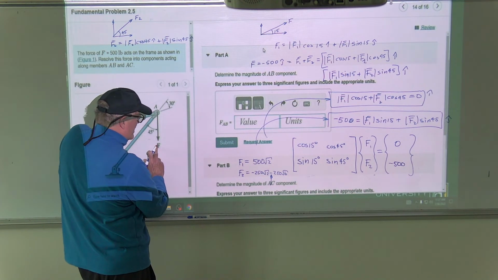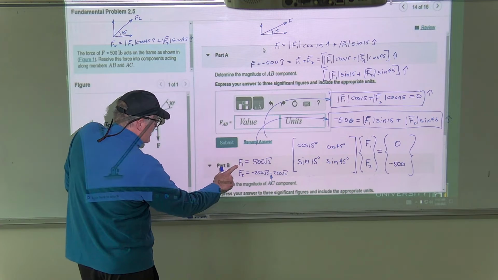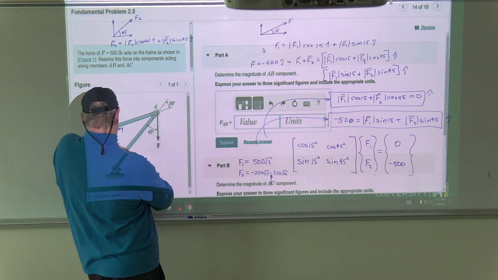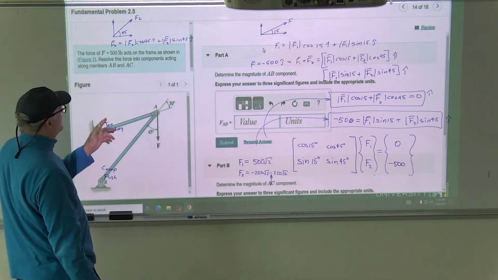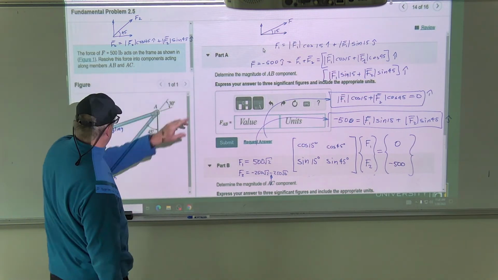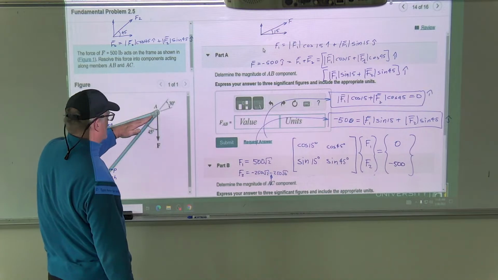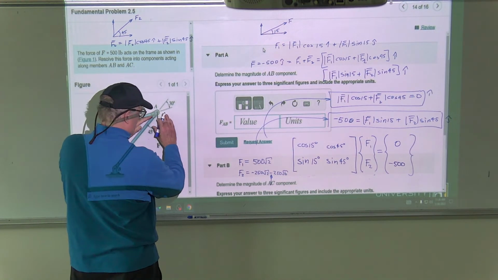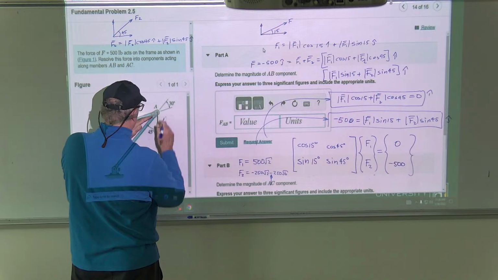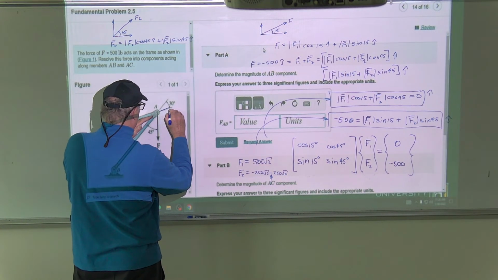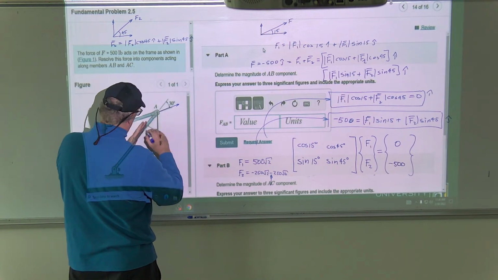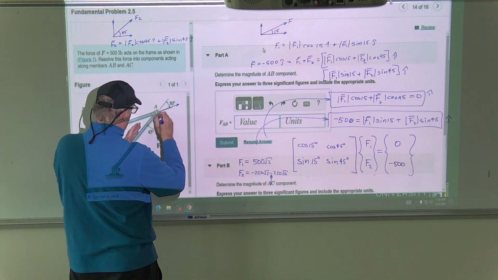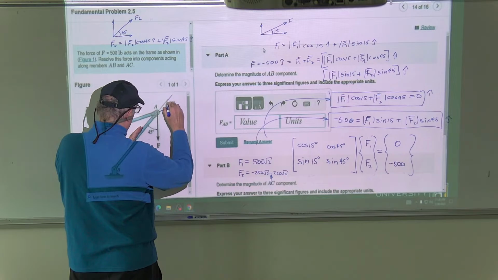This force is equivalent to pushing along the F1, which is, wait a minute, I've already erased them. Which one's the F1? F1 was this one. So it's equivalent to, oh crap, I erased mine. Okay, so it's equivalent to that. And then F2, which I had going this way, is actually going that way.